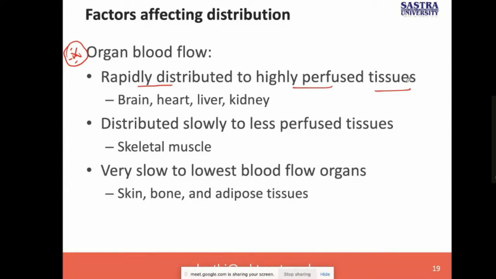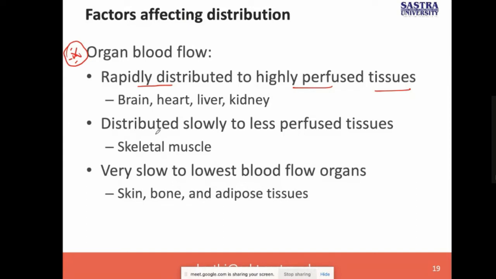Because these are the organs which are continuously, constantly functioning, and their function is very important. If the heart stops functioning for a minute, what will happen? If the brain stops functioning for a few moments, what will happen? These are very crucial organs, so that is why the rate of flow of blood to these organs is higher.